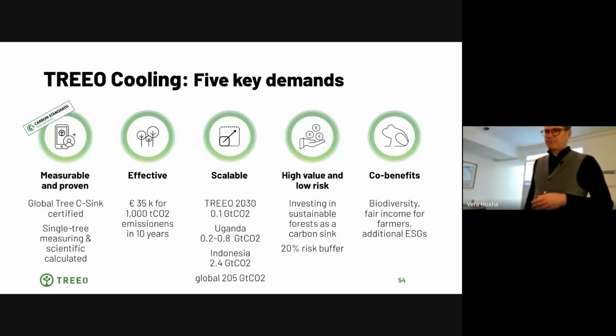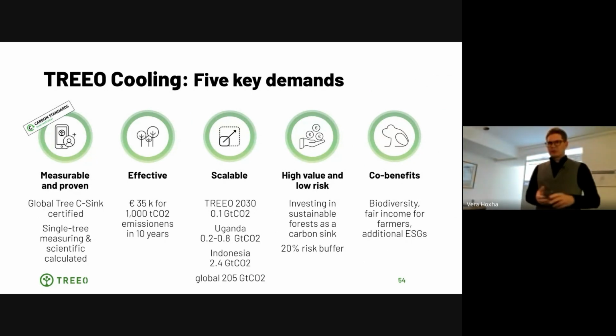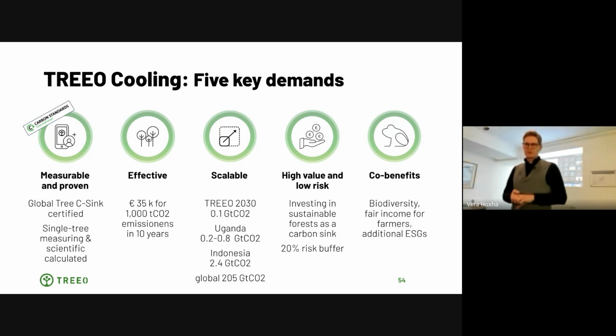Yeah, so looking at the benefits of TREEO cooling and the cooling concept overall, it's a certified product, and the single tree monitoring based on scientific allometric functions gives us the proof and the transparency we need to make a change in this market, which is prone to poor transparency right now.